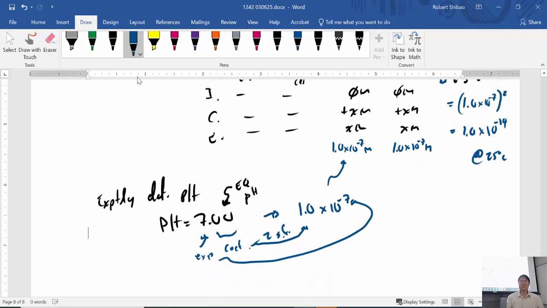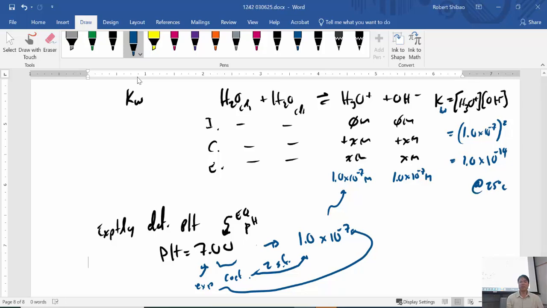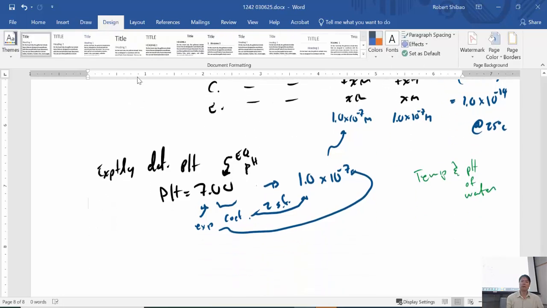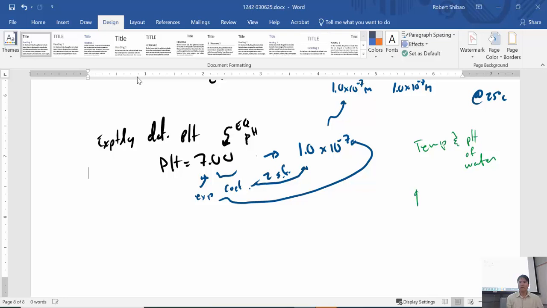What happens with temperature is if we increase the temperature, the pH changes. This is the temperature and pH of water. If we increase the temperature, the pH changes, and actually the pH goes down.